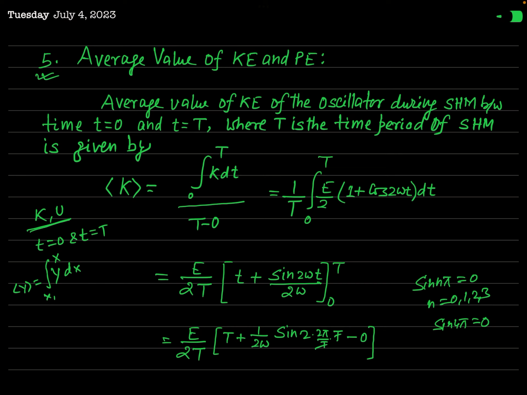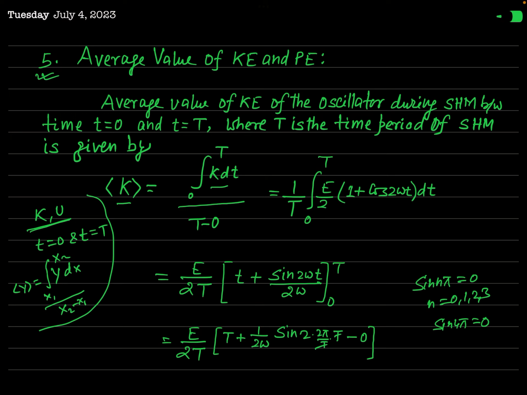This will be the integral of y dx from x1 to x2 divided by the interval x2 minus x1. This is the general concept for finding the average. So the average value of kinetic energy between t equal to 0 and t equal to capital T will be the integral of k dt from 0 to capital T divided by capital T minus 0.